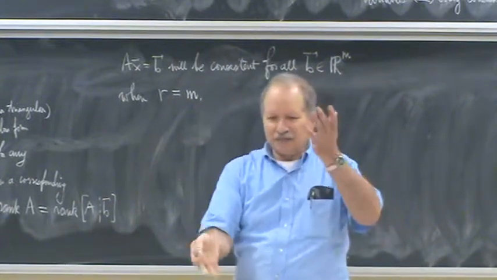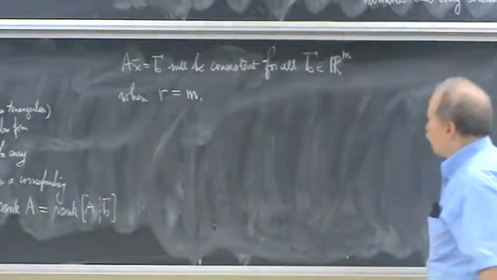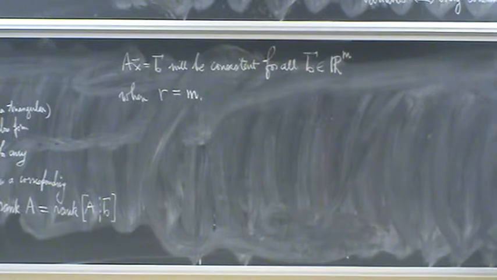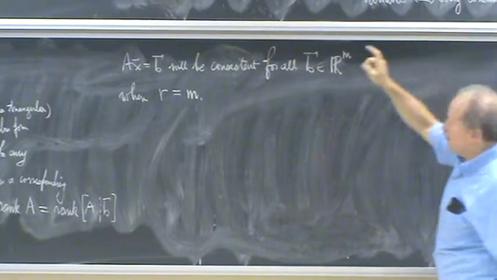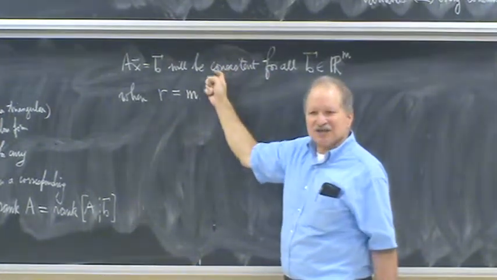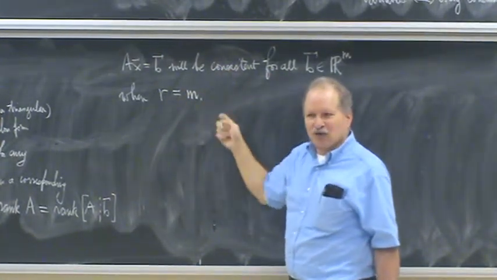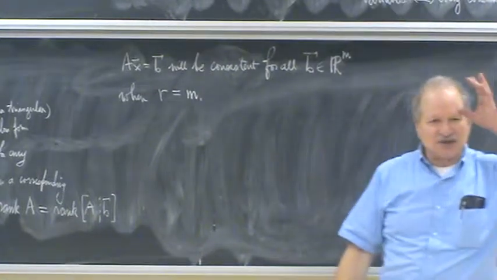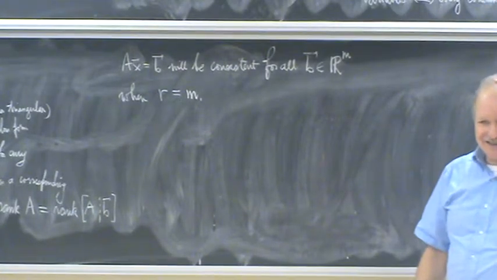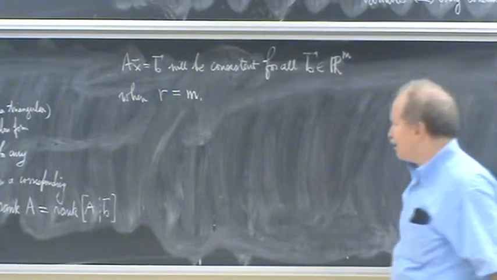So you sort of have this balancing act going on here. You have unique solutions when r equals n. You have consistency always when r equals m. And of course, you guys might want to talk about what happens when r equals m equals n.